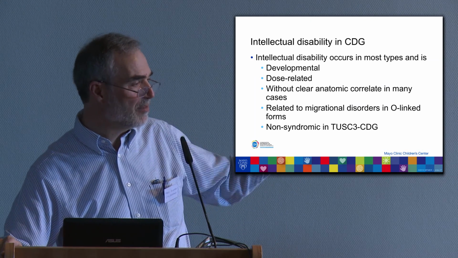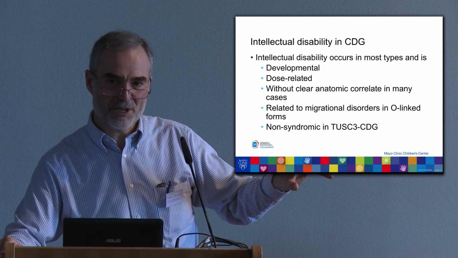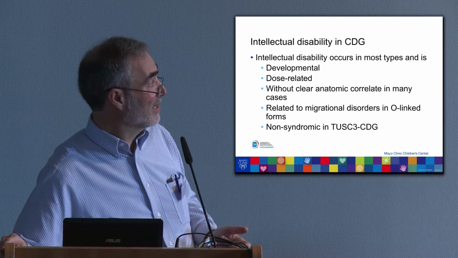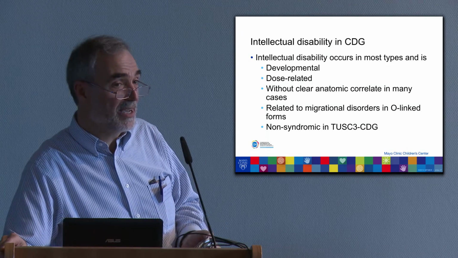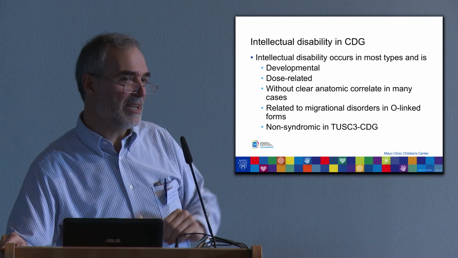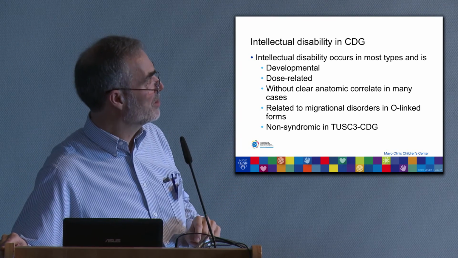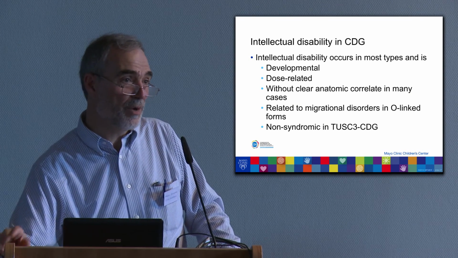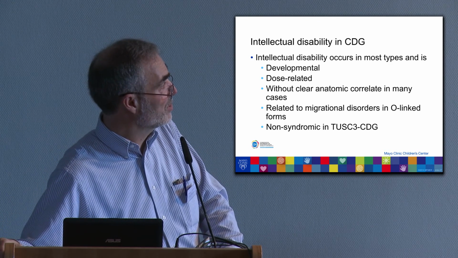Now, there are multiple other factors that interact because, of course, it's not just that one gene that determines how you turn out. You've got 20, 25,000 others that are interacting as well. But it is important that it's developmental, it's dose-related, and there are many types of CDG where we can't clearly look at the anatomy of the brain and say, here is the explanation for the intellectual problems these patients have. We particularly think of the TUSC3 form of CDG, where patients may have no other manifestations of CDG other than intellectual disability.